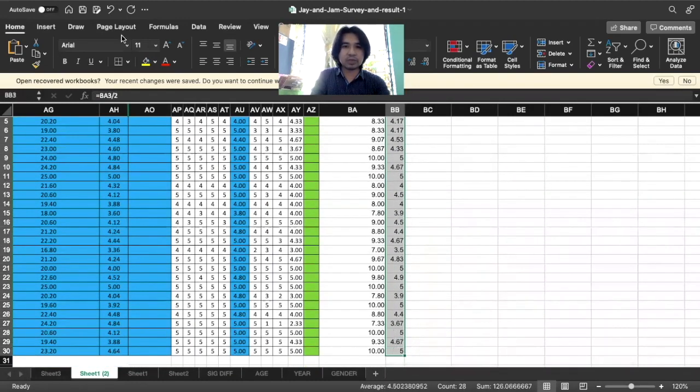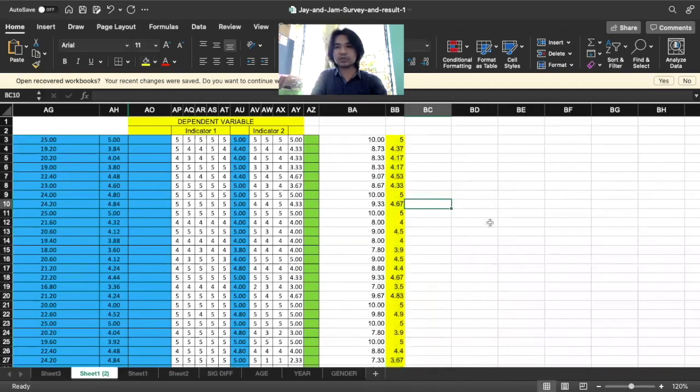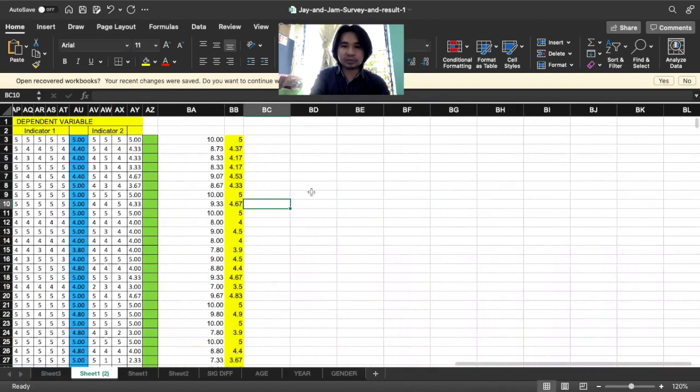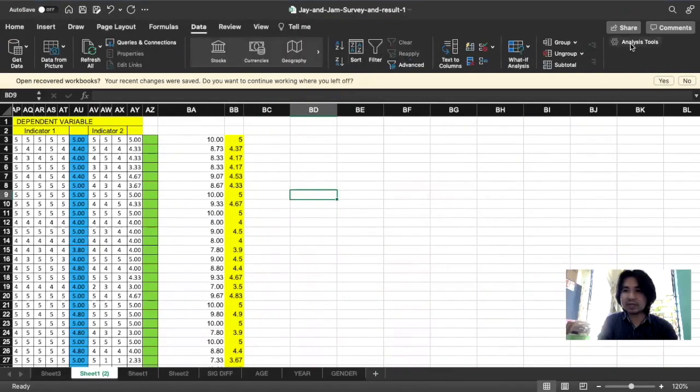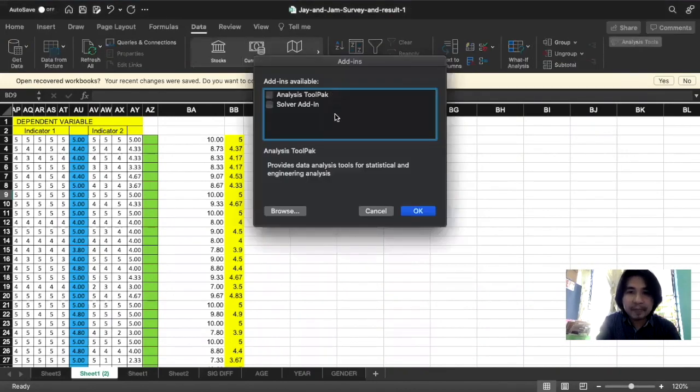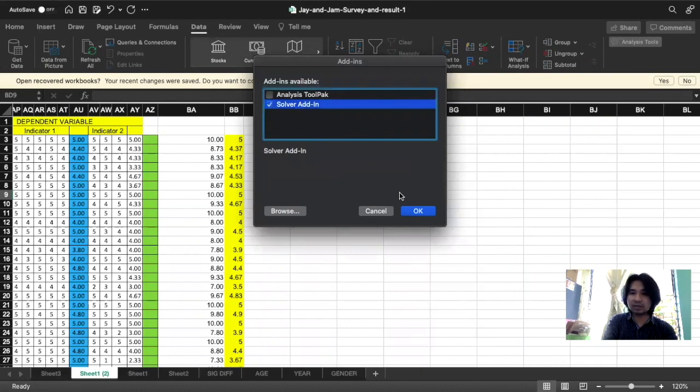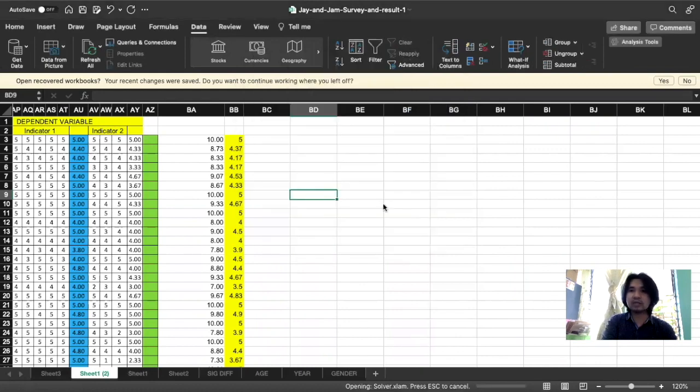So what we're going to do is we will use correlation. So this one, then analysis tools, solver, add-ins, that one, how to check, okay.